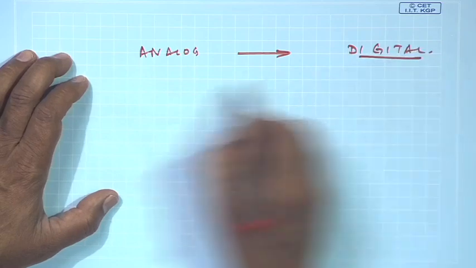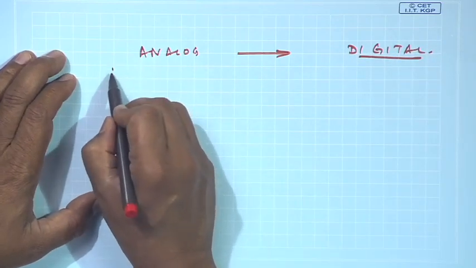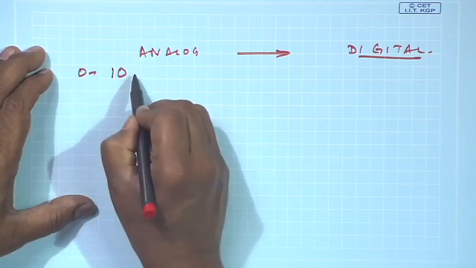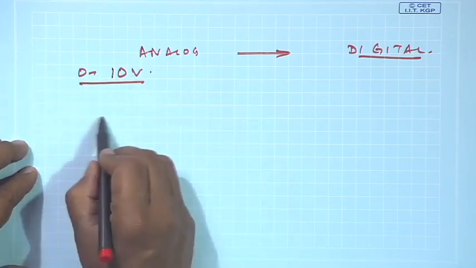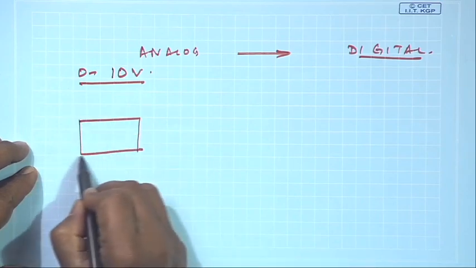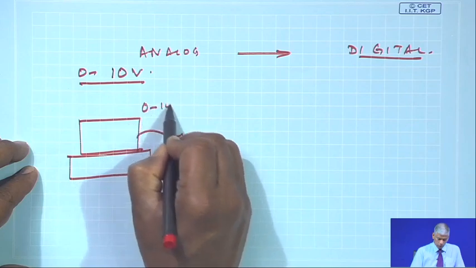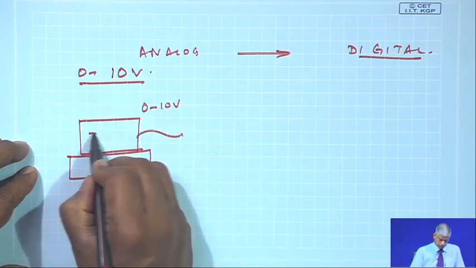So, in the analog domain I have an analog voltage, maybe from 0 to 10 volts. This is my transducer output. A certain transducer gives me a maximum value of 0 to 10 volt analog signal.